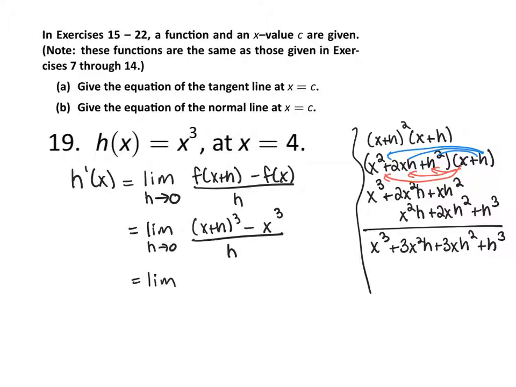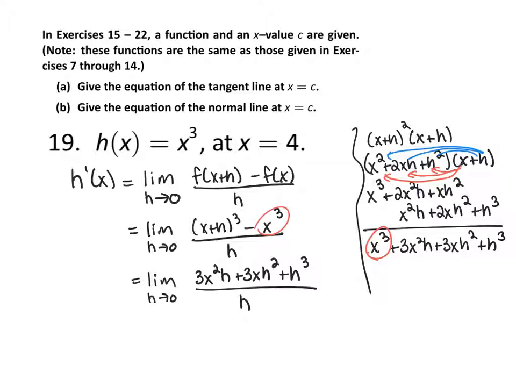So, limit as h approaches 0. Hopefully you recognize that this x cubed and this x cubed are going to cancel. So all I'm really left with is 3x squared h plus 3xh squared plus h cubed all over h. If I were to try to directly substitute h right now, I would get a 0 over 0 form.